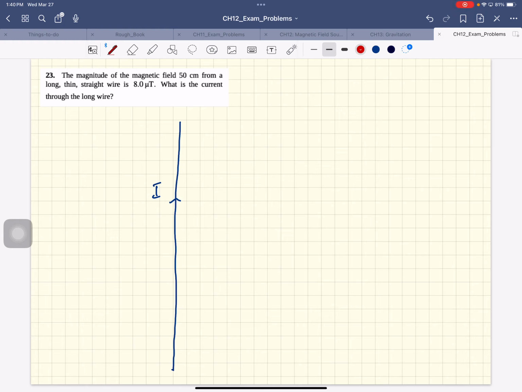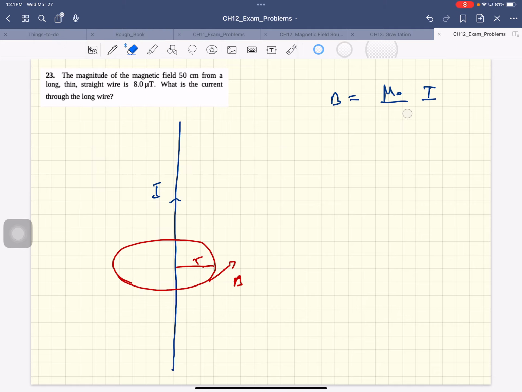You point your thumb along the direction of the current, and the fields are concentric circles like that. And at a distance r, the field strength is given by mu naught over 4 pi I, or is it I over 2 pi a.